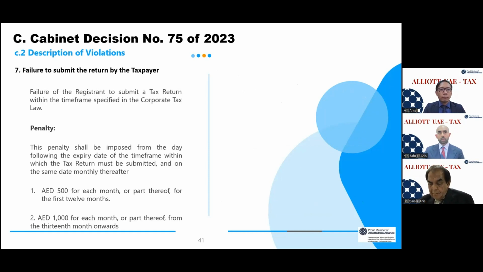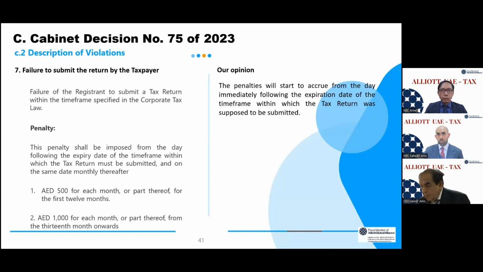Now, in the event that a taxpayer has not submitted a tax return within the time frame, a penalty shall be imposed the day following the expiry date, which is 500 dirhams for each month for the first 12 months, and then 1,000 dirhams each month from the 13th month onwards. Penalties will start to accrue from the day immediately following the expiration date.